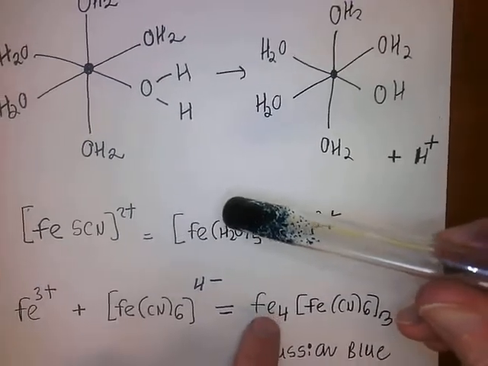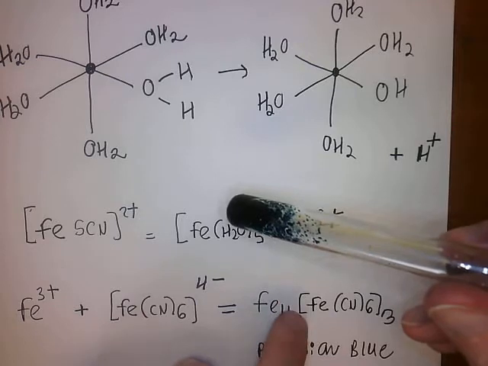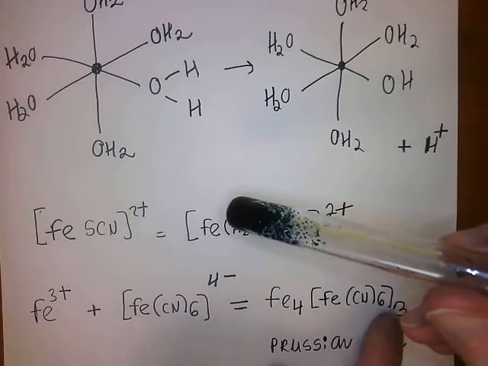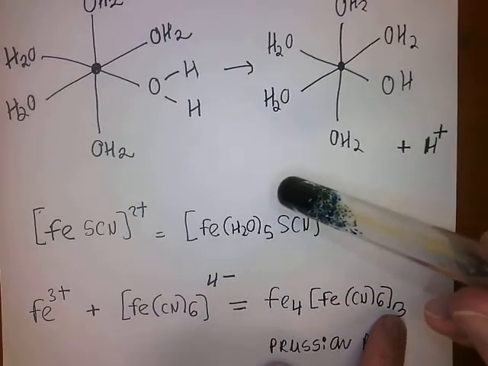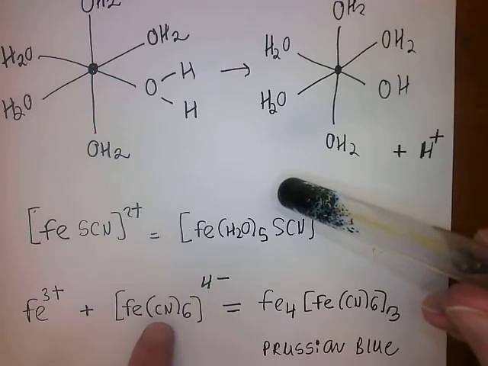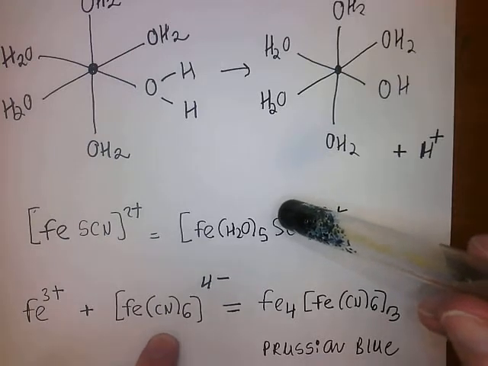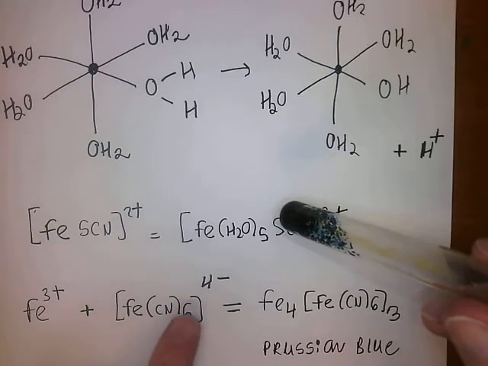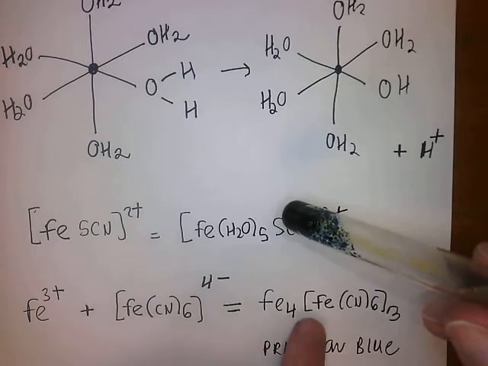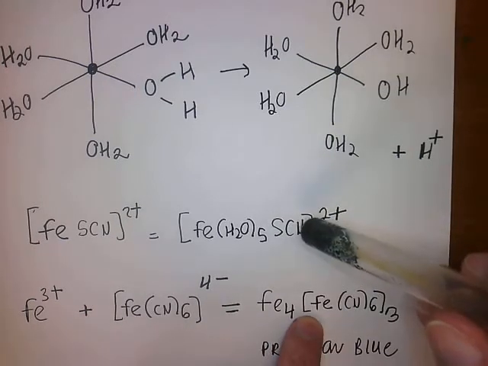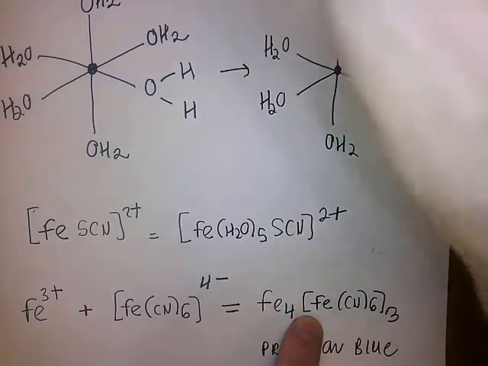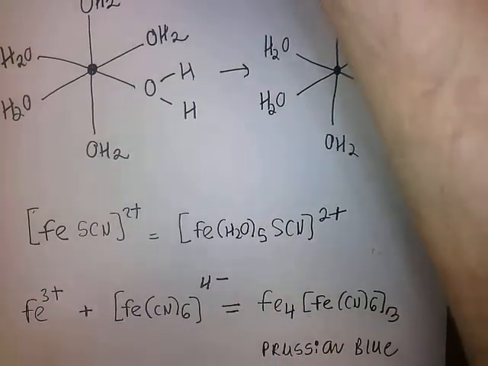So the formula is Fe4[Fe(CN)6]3. Just think of this as a polyatomic ion, no different than a sulfate or a carbonate or phosphate. Your formula that you write has to represent a complete species. It has to be electrically neutral.